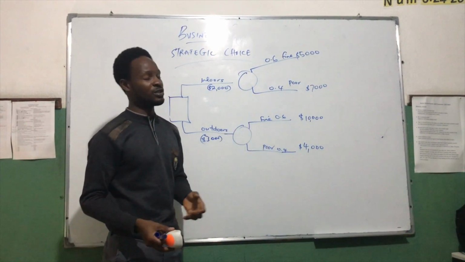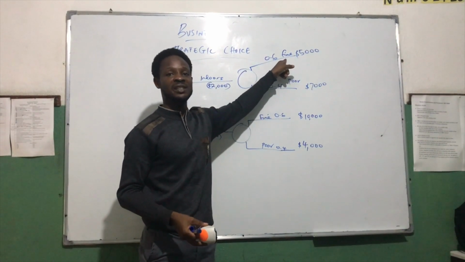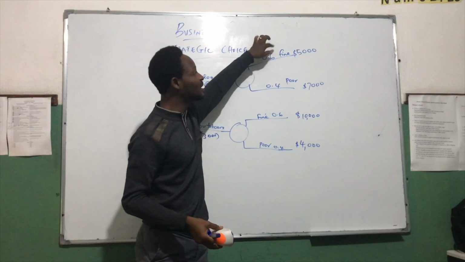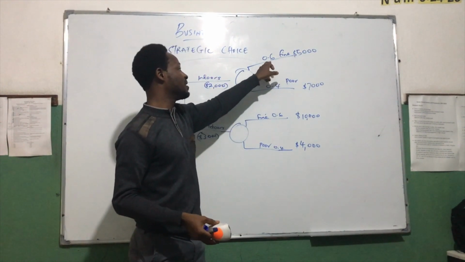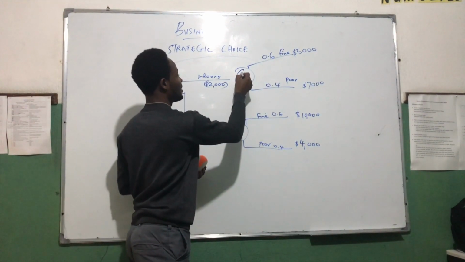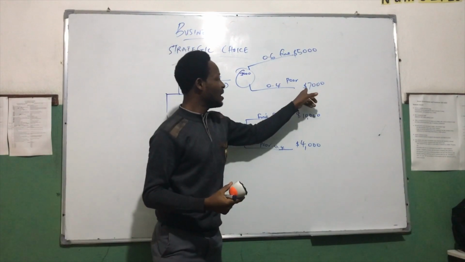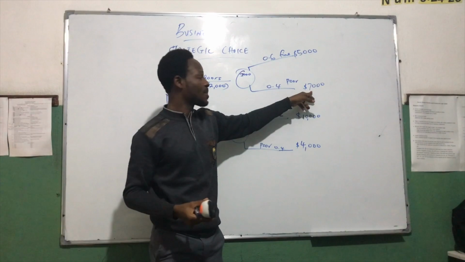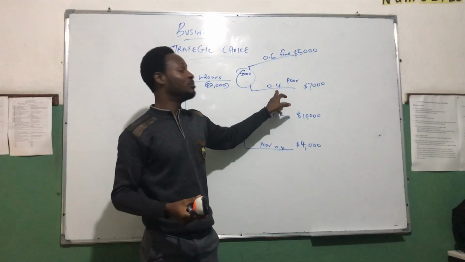Now back to the question. 5,000 is to be generated if weather is fine, but there is a 60% chance, 0.6, that weather will be fine. So 5,000 multiplied by 0.6 is 3,000. If weather is poor, there is 7,000 to be generated, but there is a 0.4 chance, 40%, that weather will be poor.